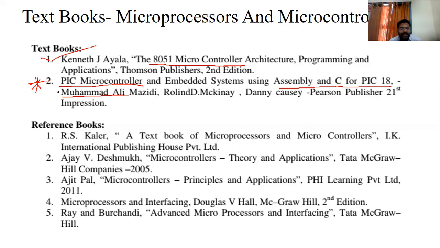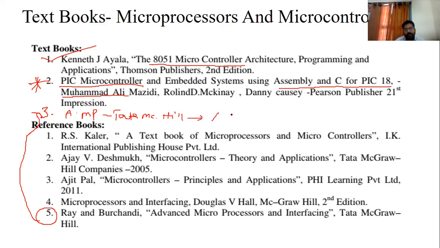The third textbook is also there, but it is missing here. The third textbook is this one, the advanced microprocessor, Tata McGraw-Hill edition, by A.K. Ray.